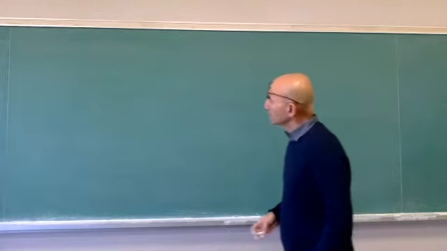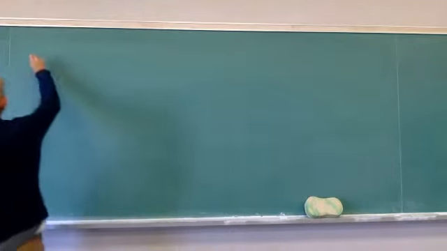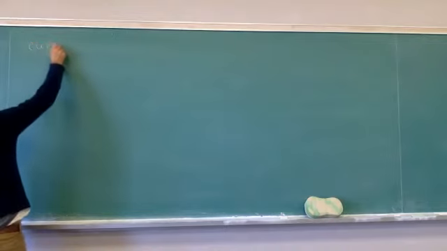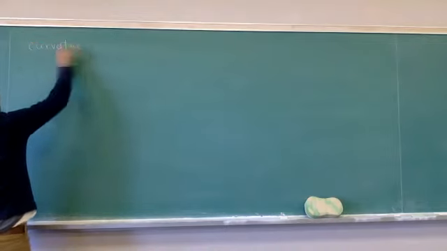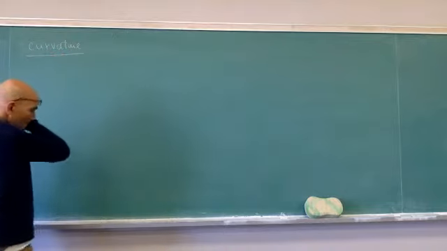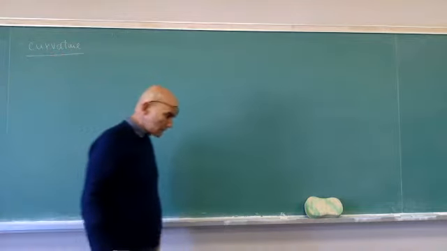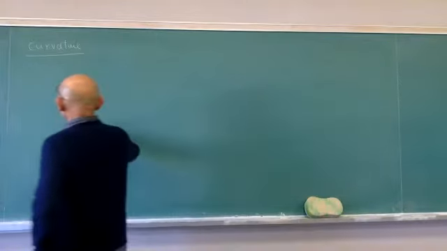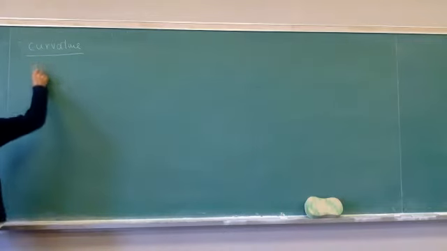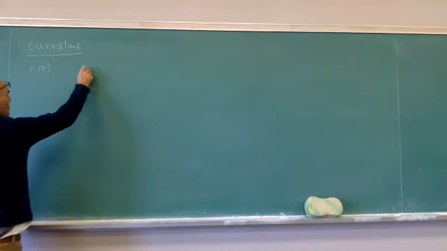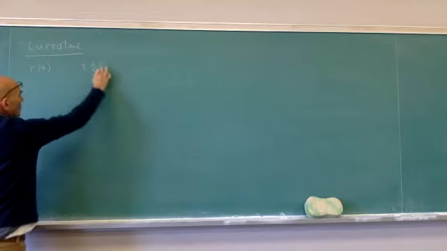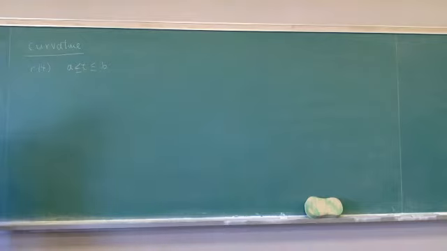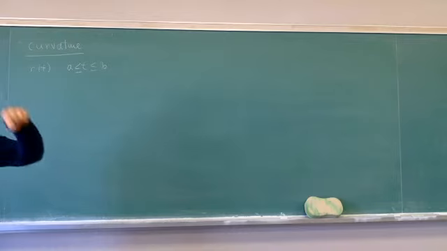Right. So curvature. Again, we had a curve r of t, with t between some b and a in general, in some interval. We defined some quantities that moved along this curve.